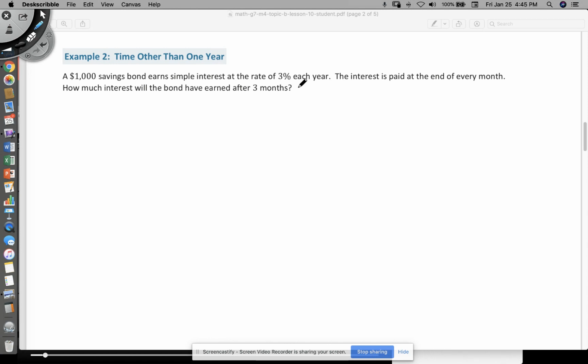Now, if you notice, we have some different times here. We have year and we have months, which means we need to do a quick conversion. So 3 months is how much of a year? We could put 3 over 12 and reduce that to 1/4. So 3 months is 1/4 of a year.